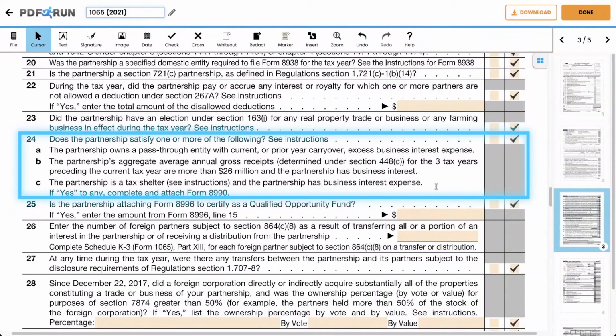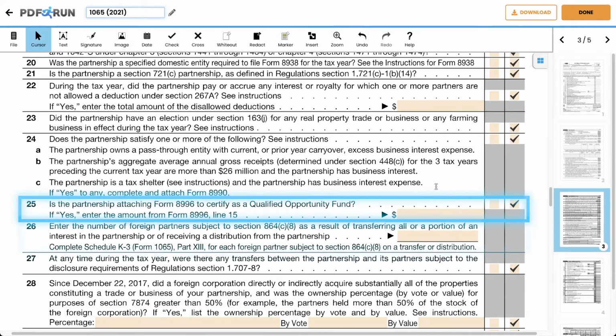The partnership is a tax shelter and the partnership has business interest expense. Line 25. If the partnership is attaching Form 8996 to certify as a qualified opportunity fund, check yes, and enter the amount from Form 8996, line 15 in the space provided.